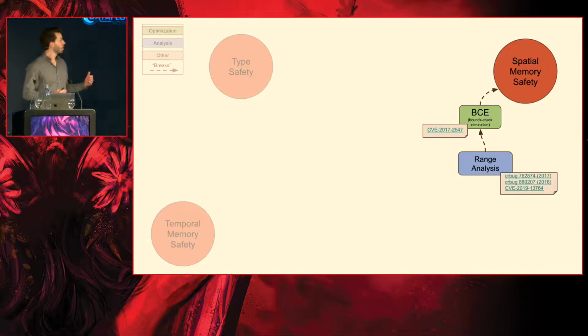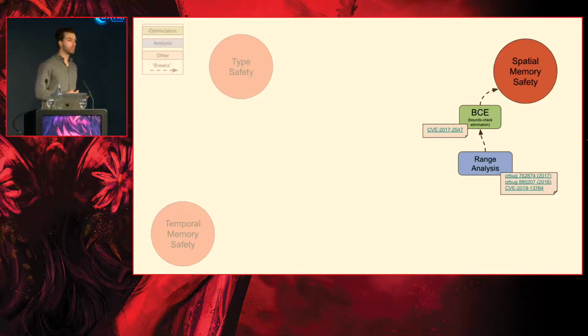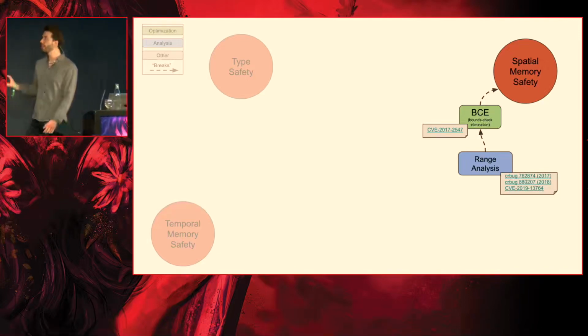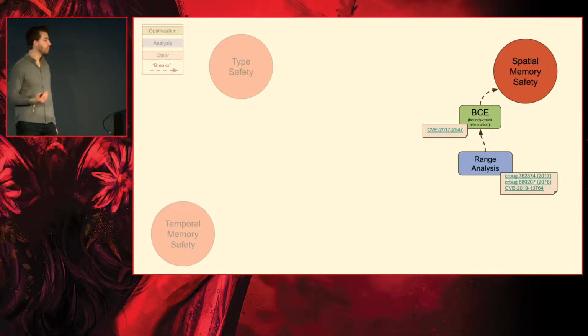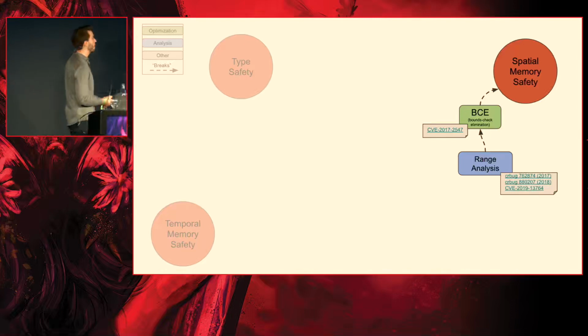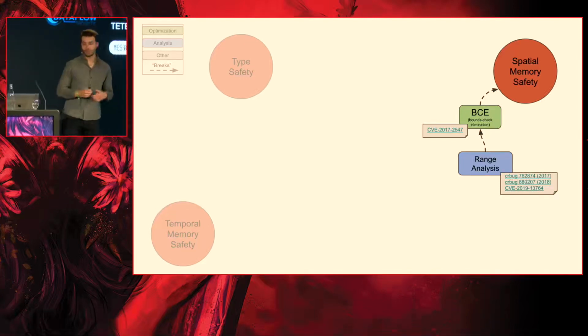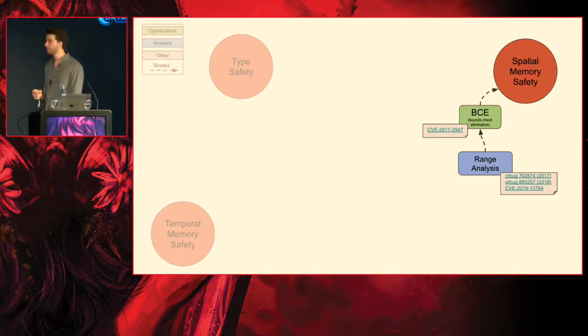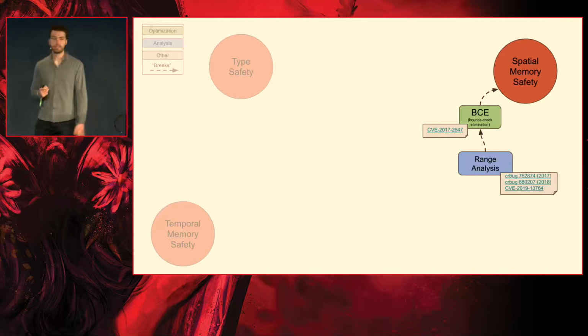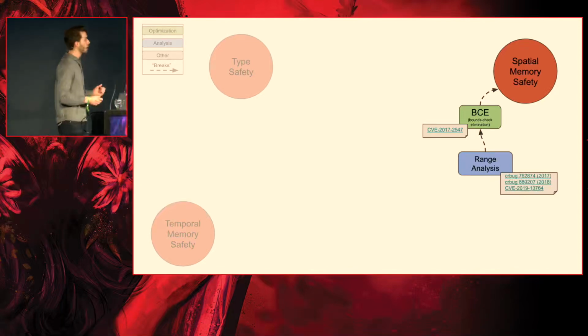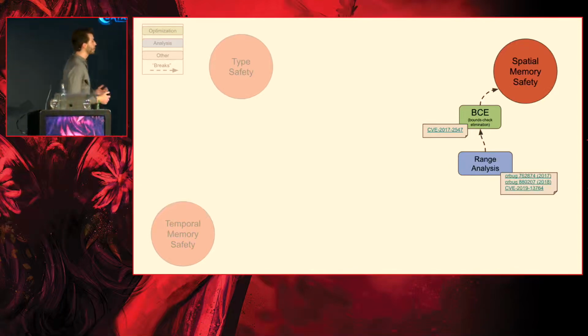And so bounds check elimination, I think that's pretty obvious, and it's what we've just seen. If bounds check elimination goes wrong, that breaks spatial memory safety. Now you have removed a bounds check that you shouldn't have removed. That gives you out of bounds access. And there was at least one bug some time ago, 2017, directly in the bounds check elimination itself, not even in the analysis. I think it was something where they just forgot to check for negative numbers.